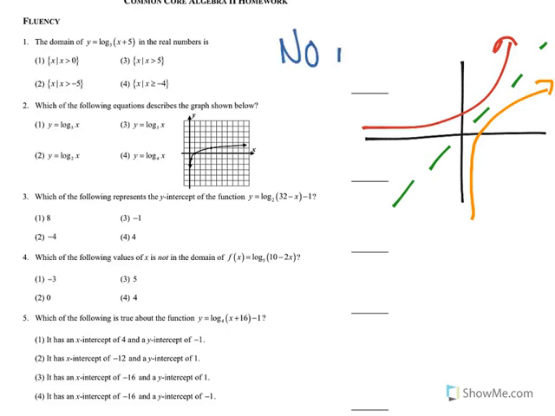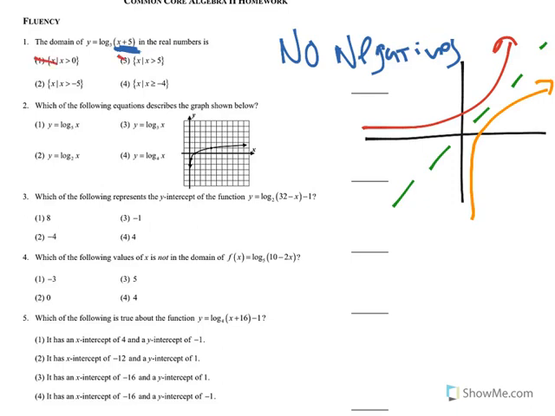No negatives in logs. So we want to think about what's the smallest number I could put in there that will still be positive. Well, I could put in 0. 0 plus 5 is still 5. I could put in negative 1. Negative 1 plus 5 gets me positive 4. That's fine. So I can go into the negative realm.